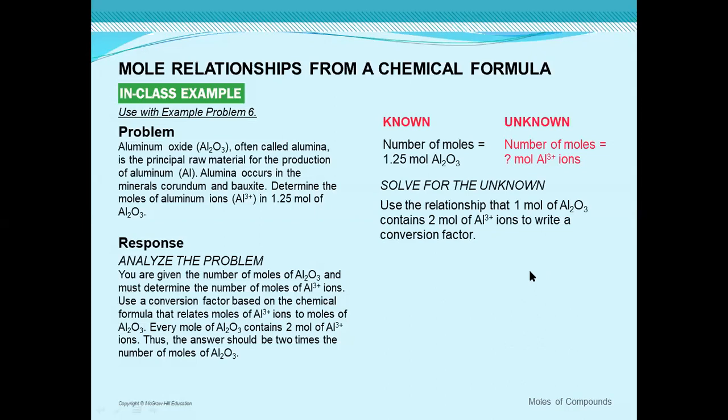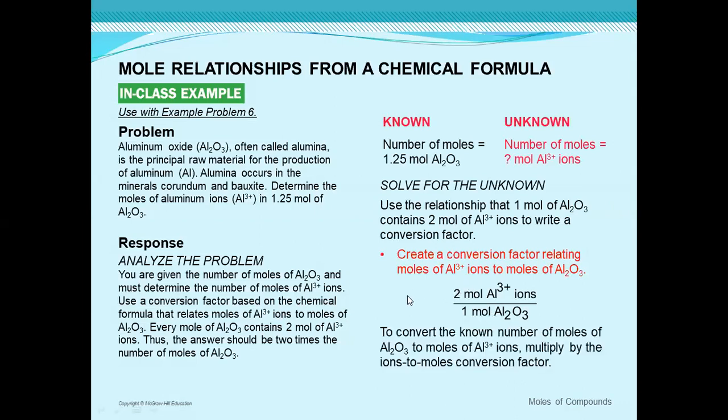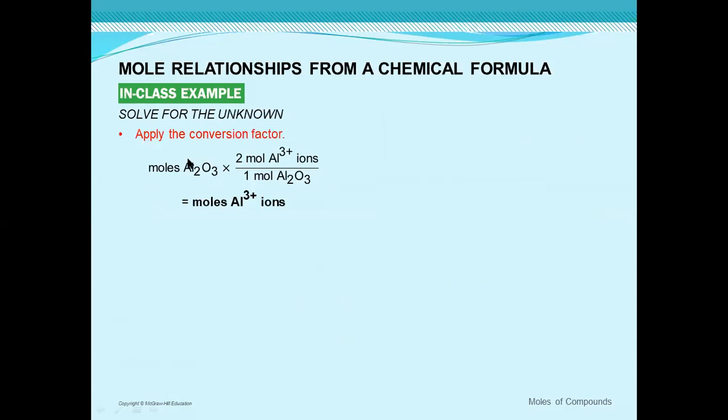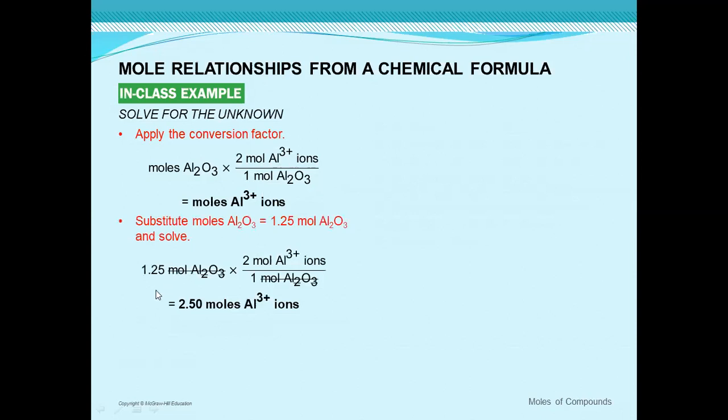So use the relationship that 1 mole of Al2O3 contains 2 moles of Al3+ ions. After writing this, 2 moles divided by 1 mole, to convert it: number of moles times number of ions, to get the number of moles of Al3+, which equals the number of moles of Al2O3 times 2 moles of ions, which equals 2.50 moles of Al3+. And now how can we get the number of ions?